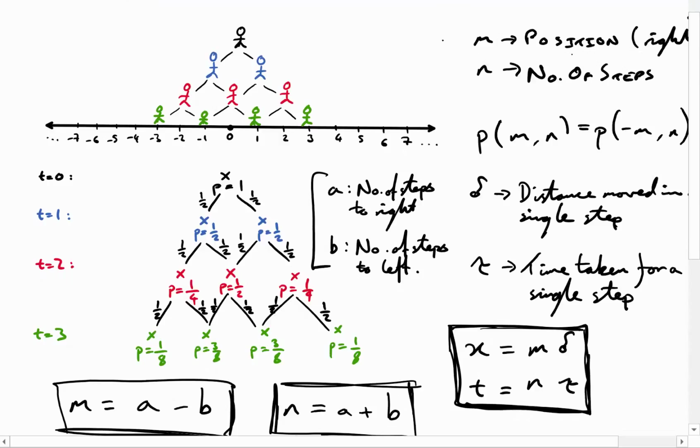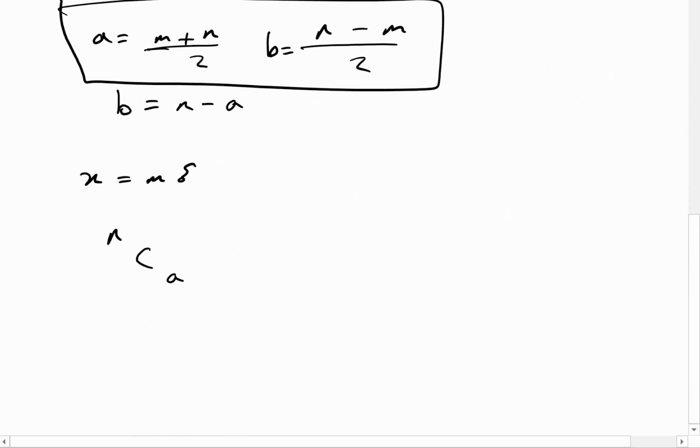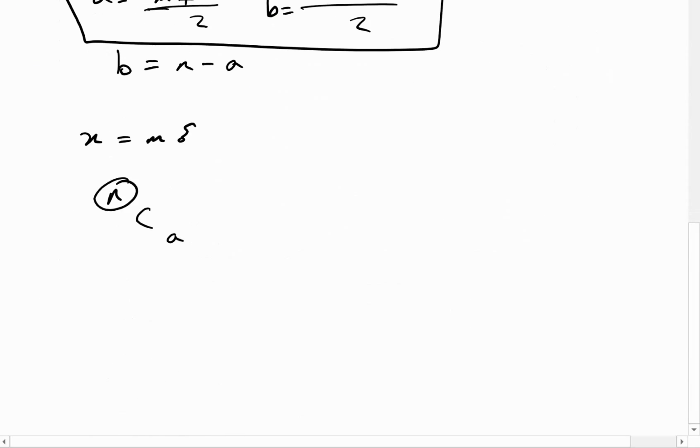Okay? So the number of steps which I take to the right is given by a, and the number of steps I take in total is given by n. So in other words, if I want to be at a particular position on the right, it's going to be the total number of steps that I can take, and I'm choosing the number of steps that I take to the right from that.